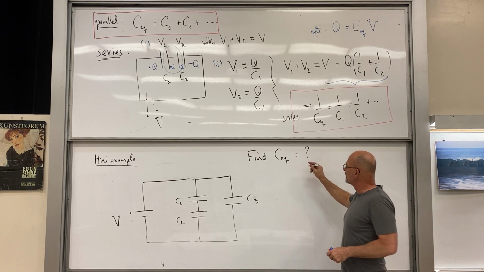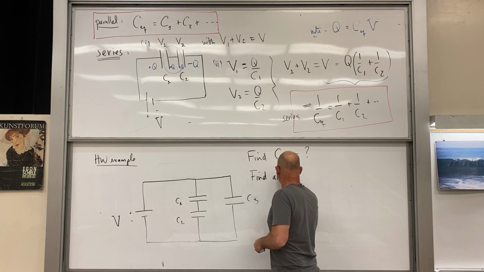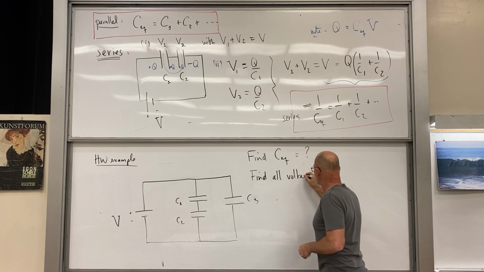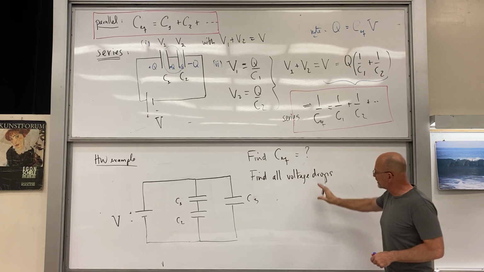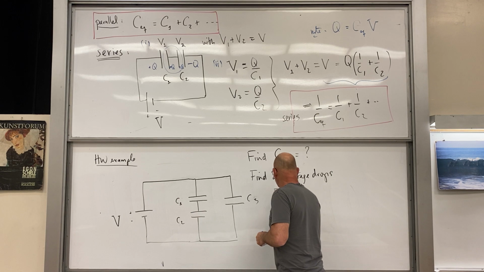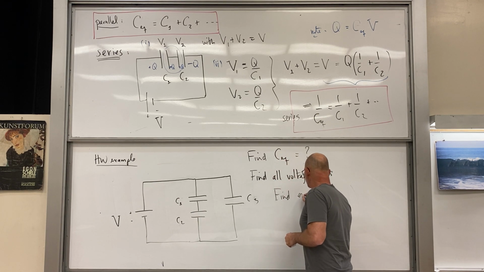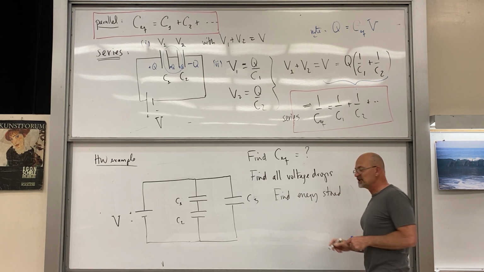So find C equivalent, find all voltage drops. We're just using voltage drop and voltage interchangeably. And find the energy stored in each capacitor.